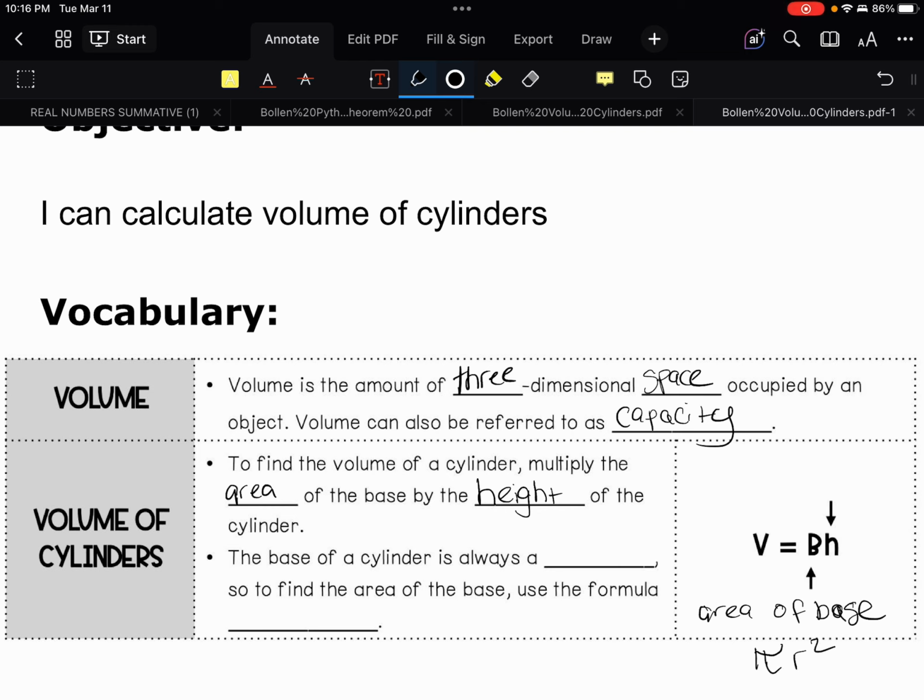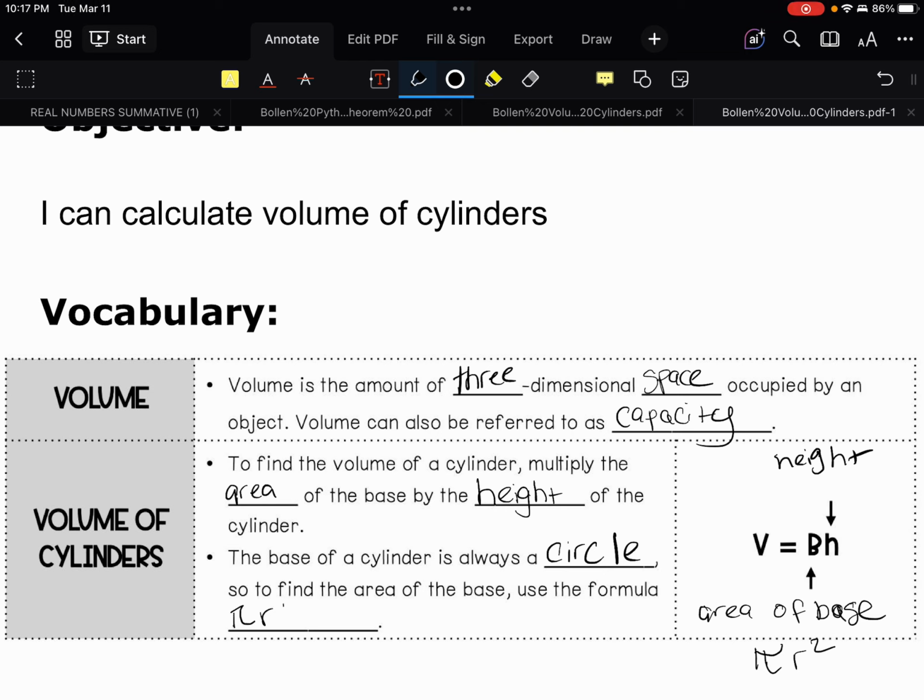So you're going to find your radius, square it, and multiply it by pi, or 3.14. And the height, or h, is the height of all those bases stacked on top of each other. So the base of the cylinder is always a circle.